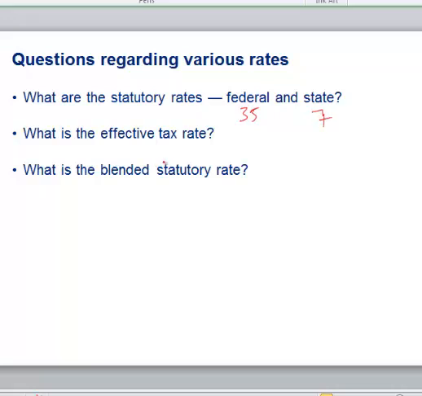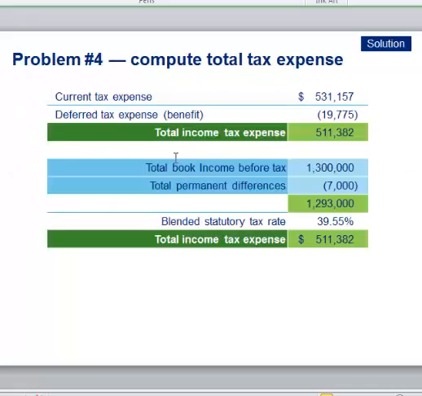Okay. What is our effective tax rate? Asmita, what is our effective tax rate? Our effective tax rate, I think what Asmita is saying is it's 511, this number, divided by 1.3 million. 39.39?